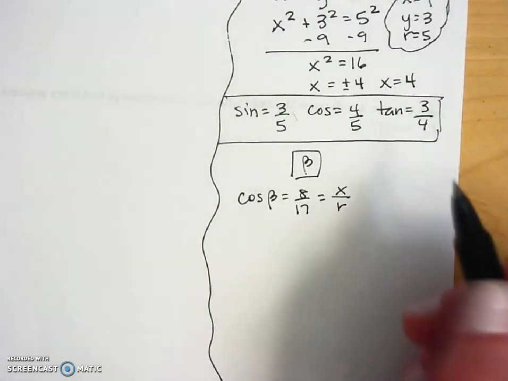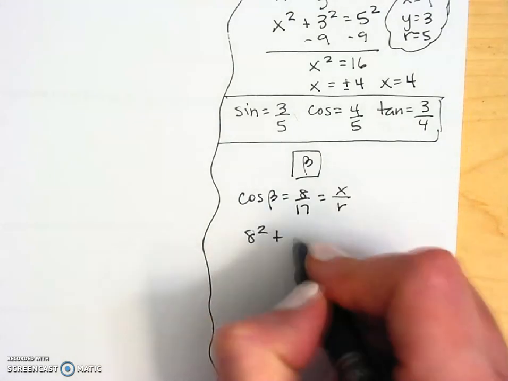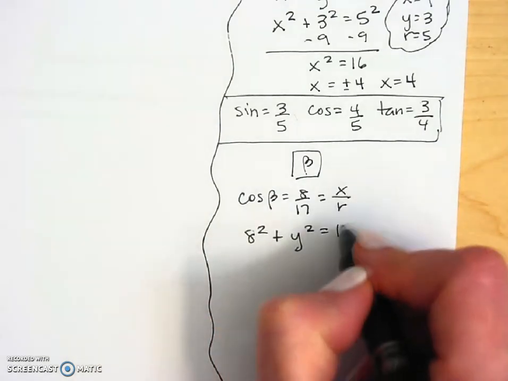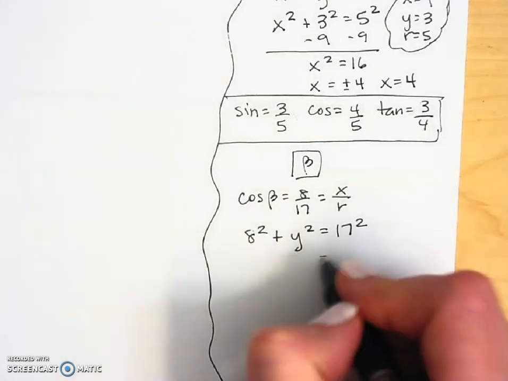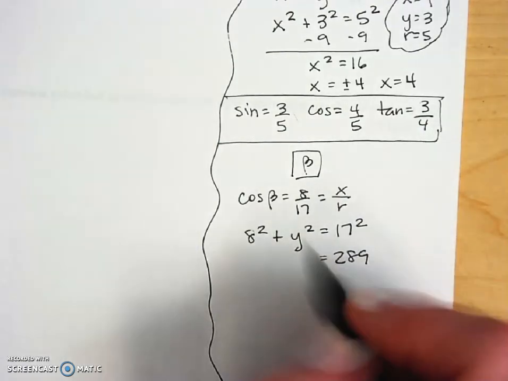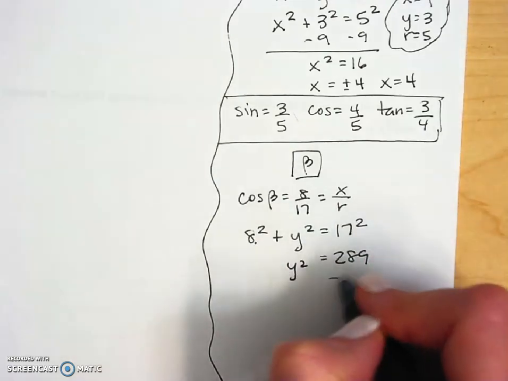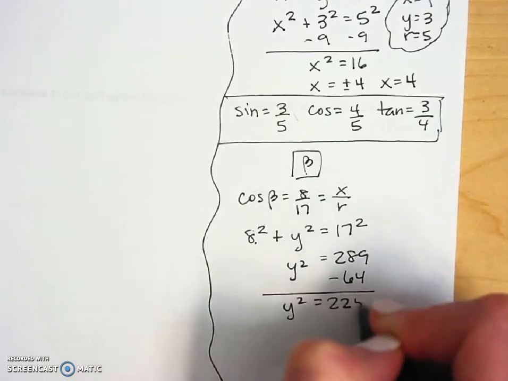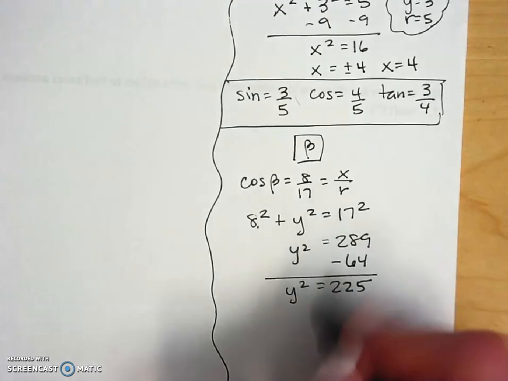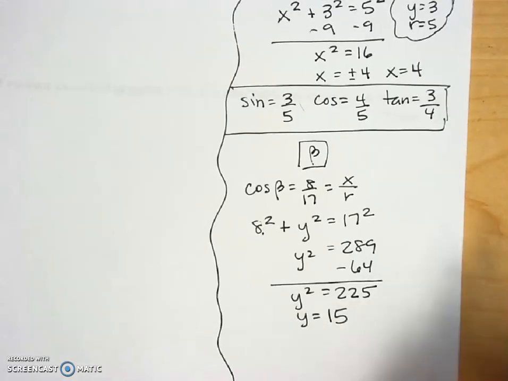So we set up our Pythagorean theorem, x squared plus y squared, which I don't know, equals r squared, which is 17. 17 squared is 289. 8 squared is 64, and I'm subtracting that from both sides. That gives me 225. The square root is 15. It needs to be positive again because our angles are in the first quadrant.